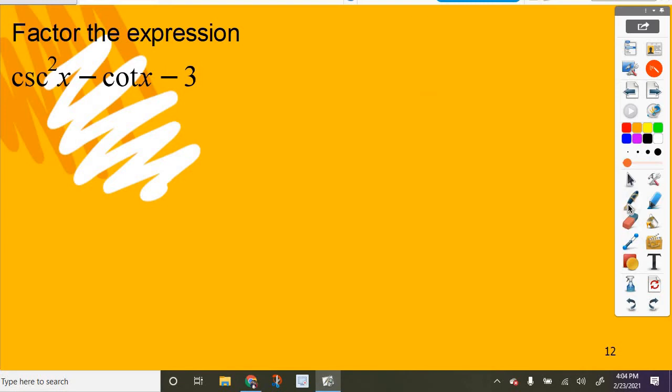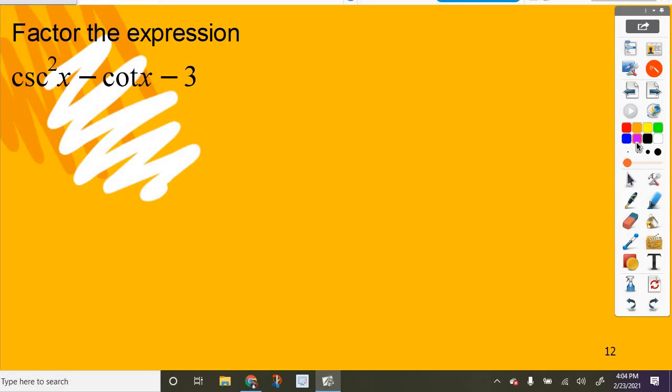So what we're going to need to do is rewrite one of our trig functions as the other one, which we can do, because hopefully we notice that we have a cosecant squared x, and one of our trig Pythagorean identities has a cosecant squared, and it also has a cotangent.